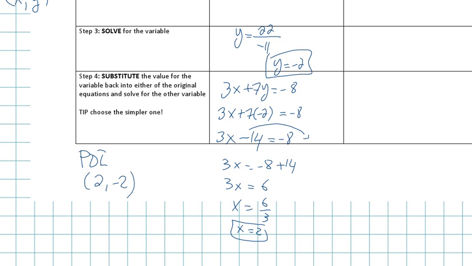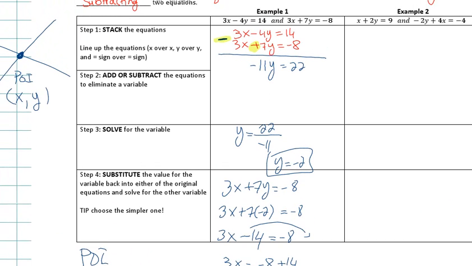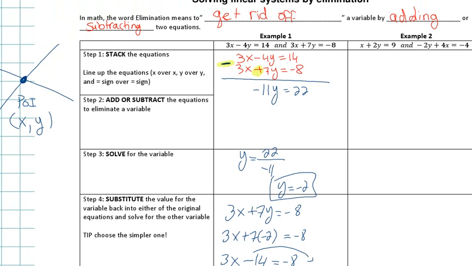Okay? Let me just recap quickly what happened. First thing I had to do is line up the two equations under each other. Now I have to look at the variable that has the same number in front of it. In this case, both x's have a 3 in front of it, so this is the one I want to eliminate.